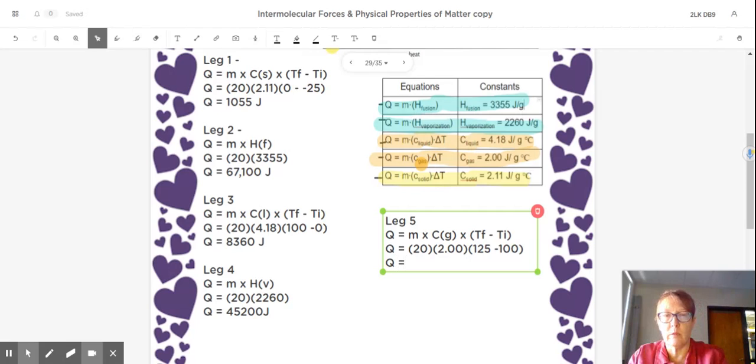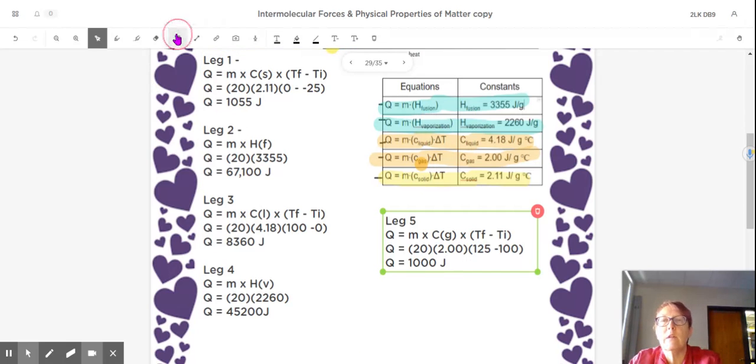Q is going to be equal to 20 times 2 times 125 minus 100, 25. Is that right? So 20 times 2 times 25 is 1,000 joules.